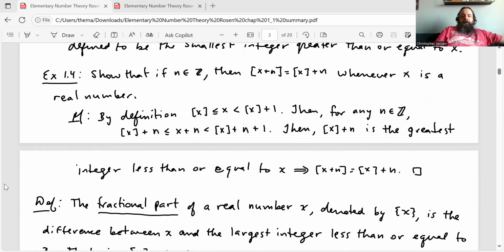Then for any n in Z, the greatest integer of x plus n is less than or equal to x plus n, which is less than the greatest integer of x plus n plus 1. Then by definition, the greatest integer of x plus n is the greatest integer less than or equal to, sorry, that should be the greatest integer equal to x plus n.